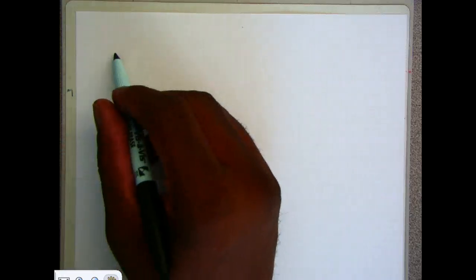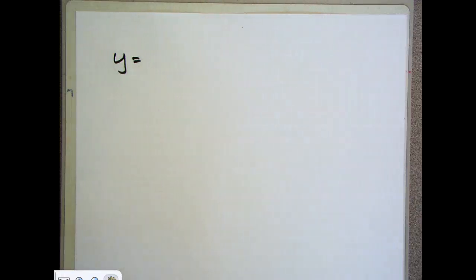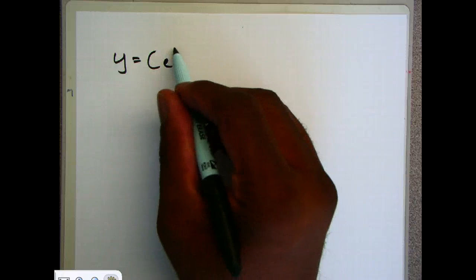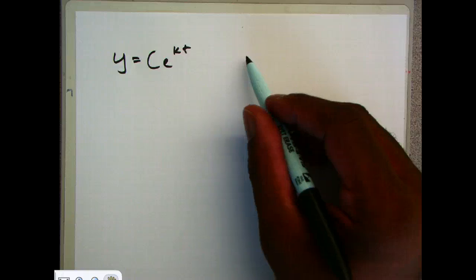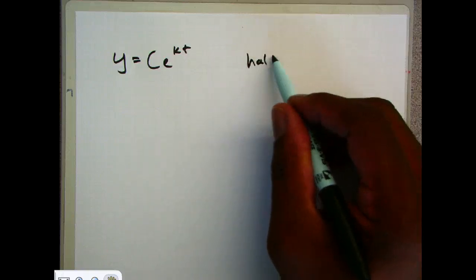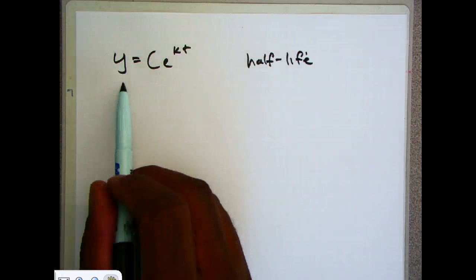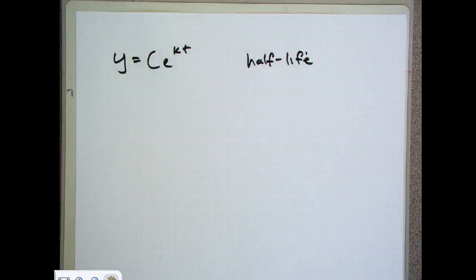And the last thing I wanted to remind you of is, when you're talking about half-life or population doubles or population triples, basically what happens there, you had a problem before where we talked about the half-life of plutonium. Well, your new amount is going to be 1/2 of what your original amount was.